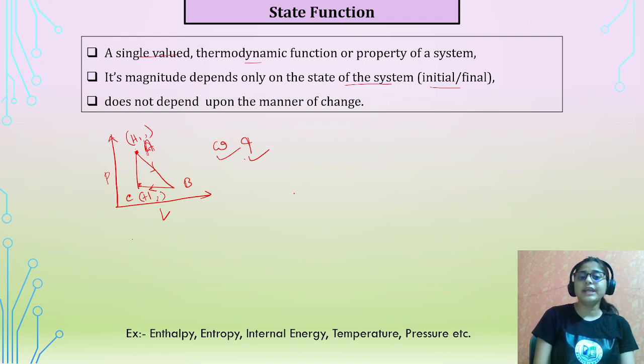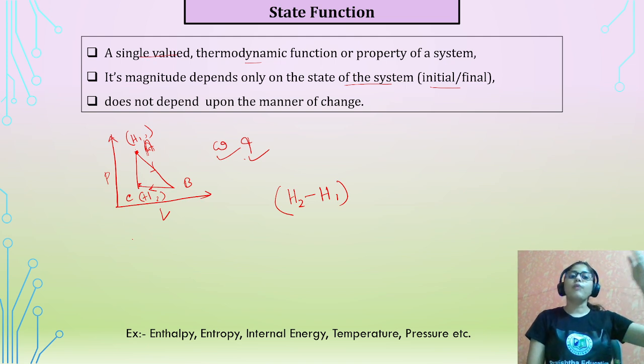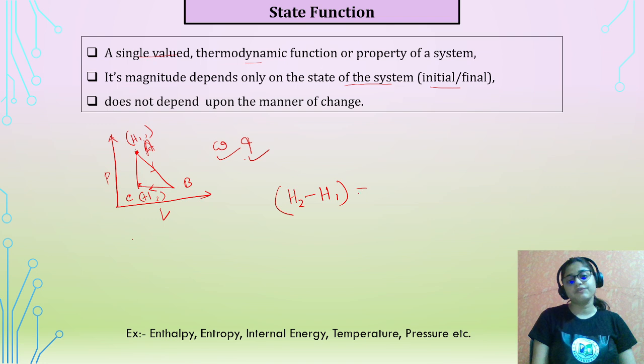So for all the state functions, the change depends on the final minus initial, only on the value of the initial and the final. So delta H will be H2 minus H1.